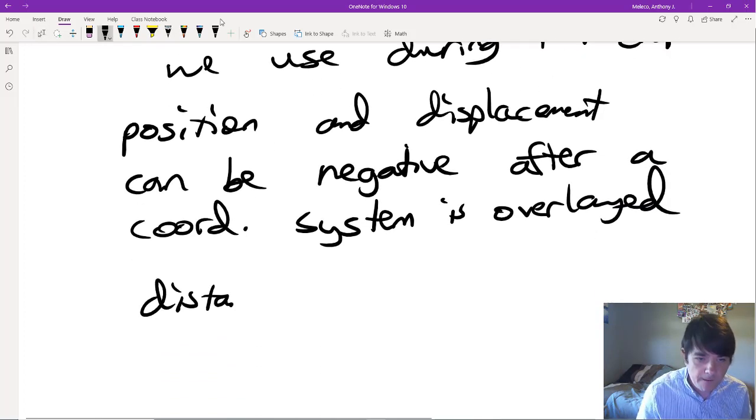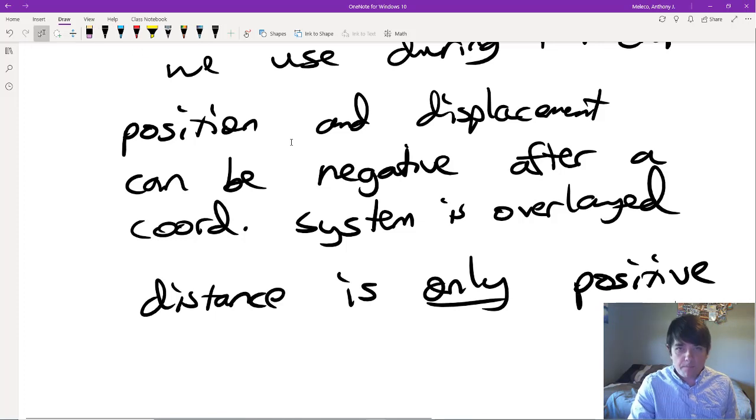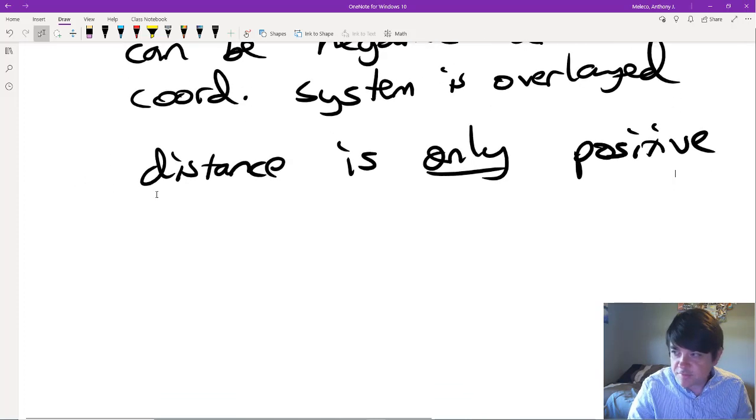Distance, however, is only positive, okay? So you've got position, distance, and displacement. Position and displacement, if there's really only one position change in the problem, are basically the same thing. And then distance we don't use often and is only positive, okay?